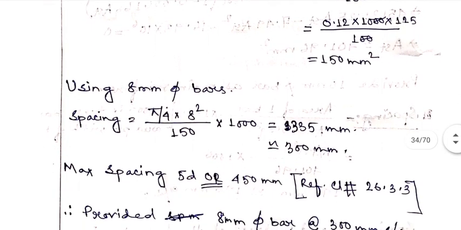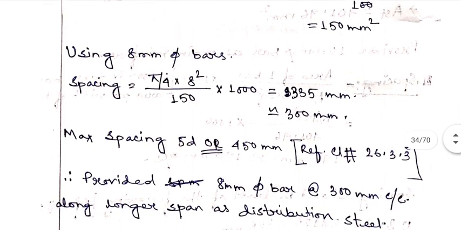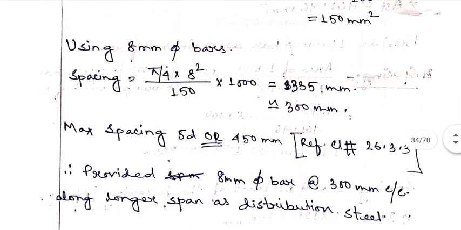Now the maximum spacing is 5D or 450 mm as per clause number 26.3.3. So this is the maximum value, and our calculated value is 300 mm.